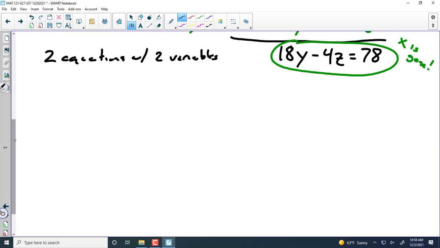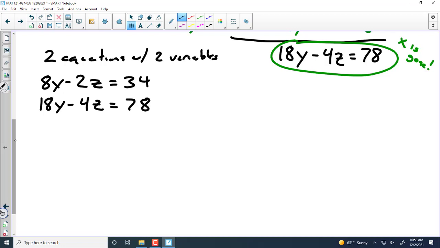The two that I have are 8y minus 2z equals 34, and 18y minus 4z equals 78. Now I'm allowed to multiply either one of those equations by any number I want, except for 0, before I add them together. And my goal here is to either get rid of the x, or the y, or the z.